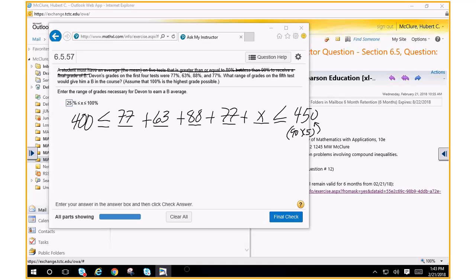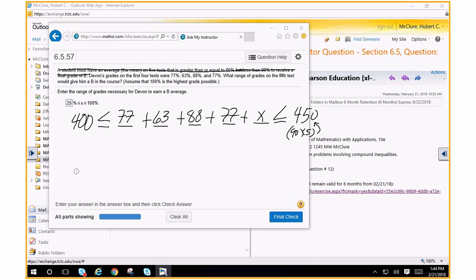First thing you do is combine like terms. So somebody add these up for me.